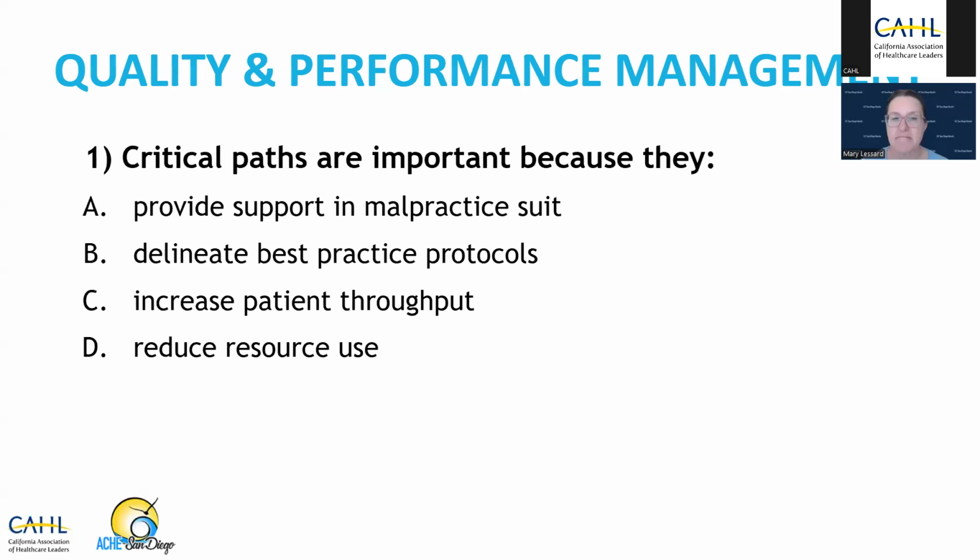Possibly, but there's so many things that impact throughput, and critical paths would not be my go-to if I had a patient throughput problem. And then reduce resource use, possibly, because obviously the critical path is giving you some guardrails, some guidelines as to the care that the provider is providing. But I still think that B is going to be your best answer here.